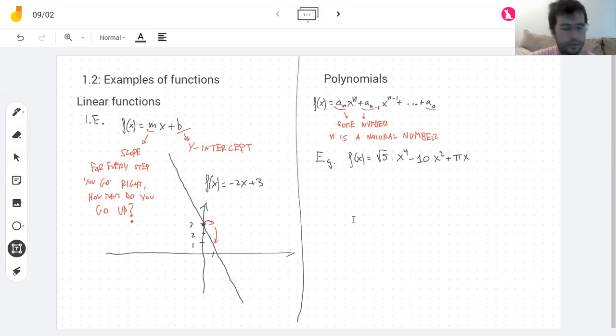And so the biggest power that shows up is the degree. As the degree gets bigger, your life gets more complicated. For example, if the degree is 1, then it's just a linear function.